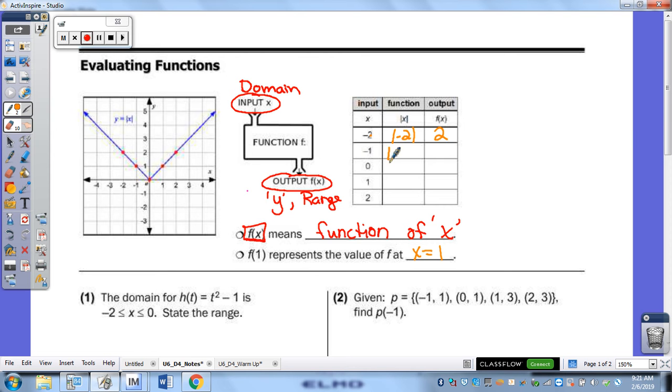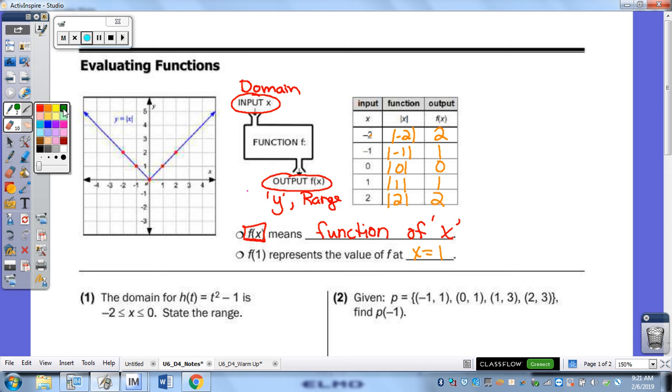Now plug in -1, and I'll get 1. Plug in 0, you get 0. Plug in +1, and you still get +1. Plug in +2, you still get +2. So our absolute value turns those all positive. The absolute value of x is our function.